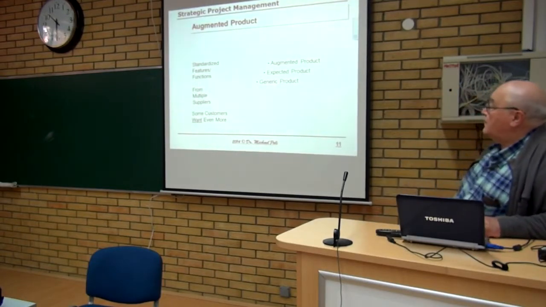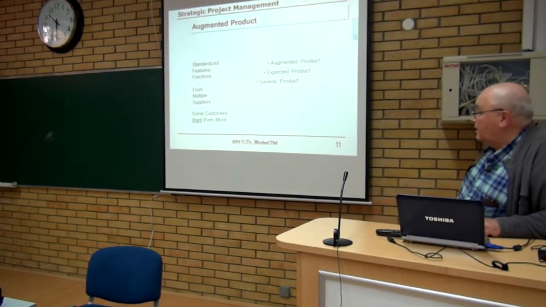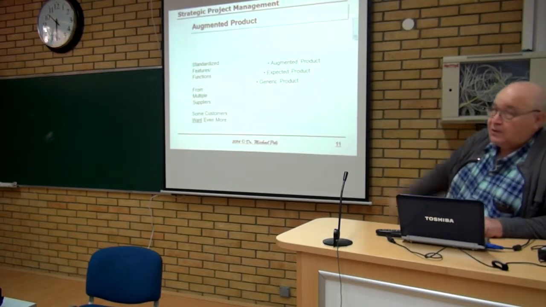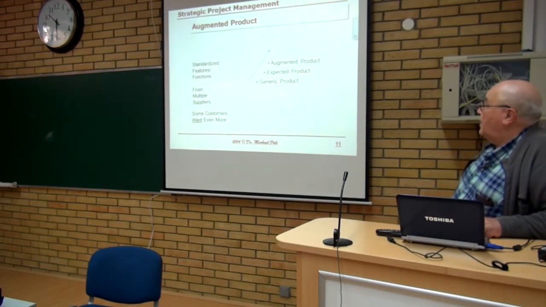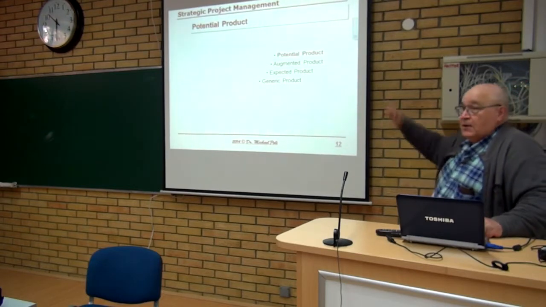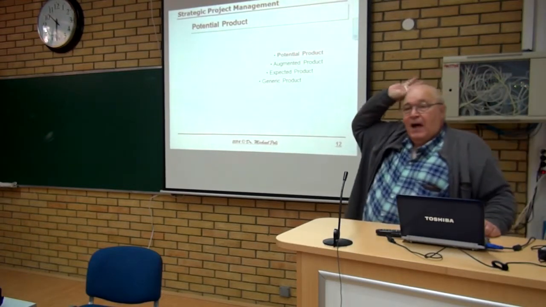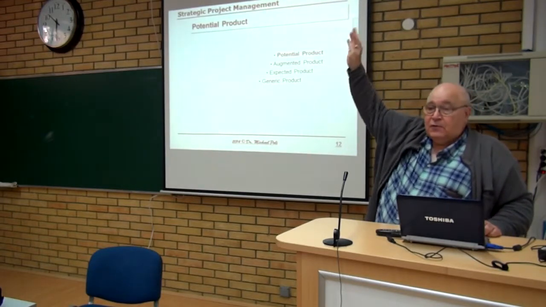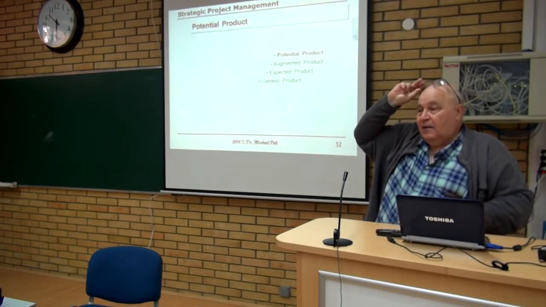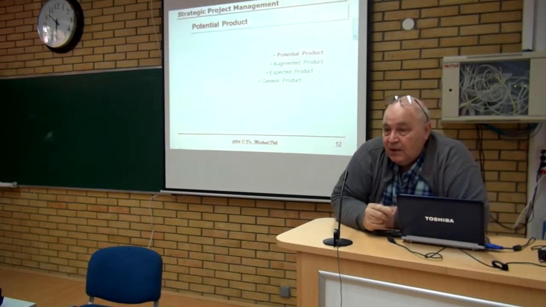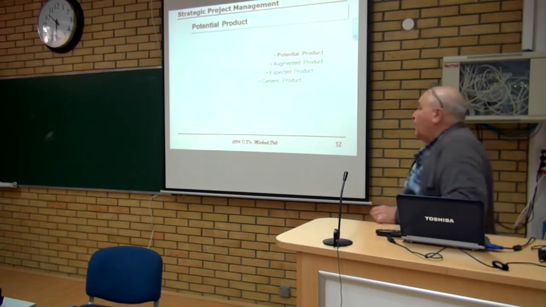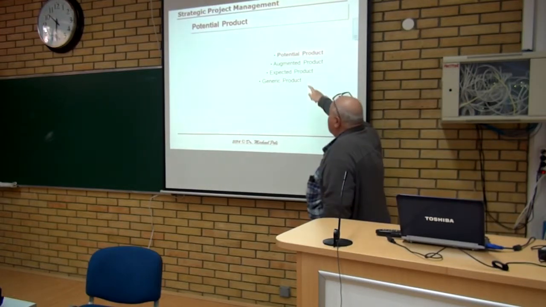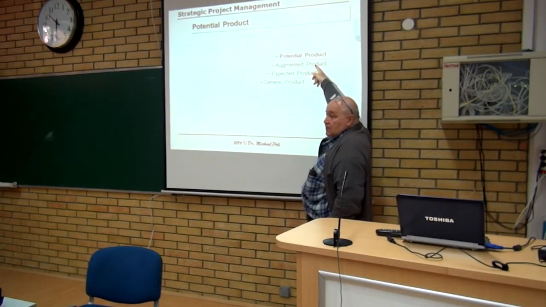And even though we augmented product, there are customers that want even more. And those people, we finally got an arrow again anyway. They want the potential product. They want something pie in the sky, way in the future. And a lot of companies often sell you the potential product, and they at least deliver this and some of this.